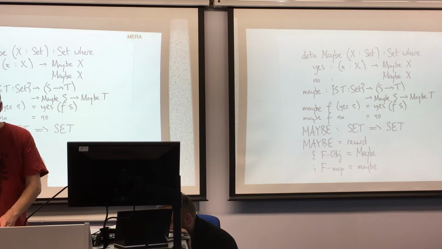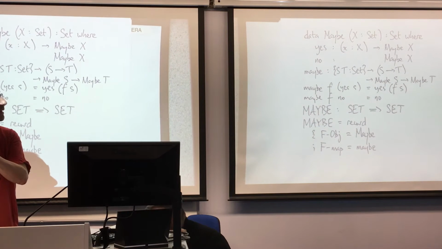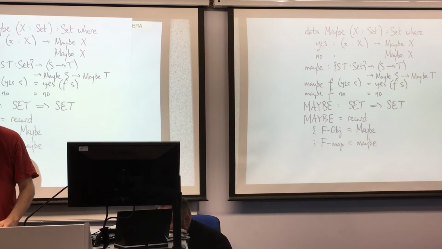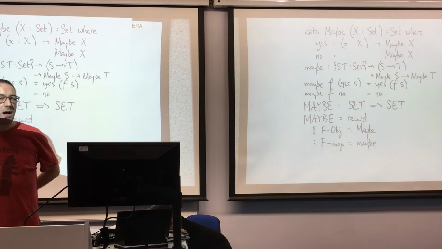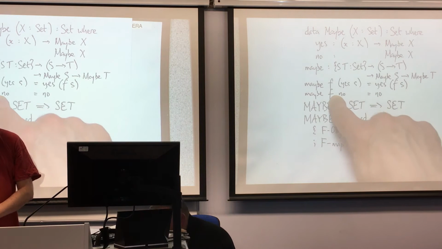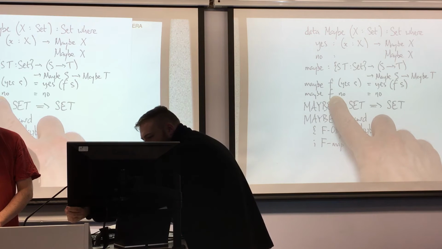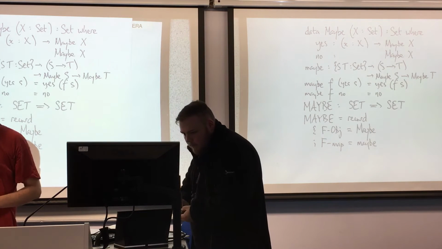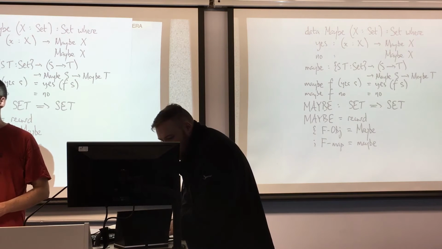So we have two laws to check. The first law says, what happens if we choose this little f to be the identity function? So what we're saying is, do the identity function to each element as you find it, leaving everything else as it was.